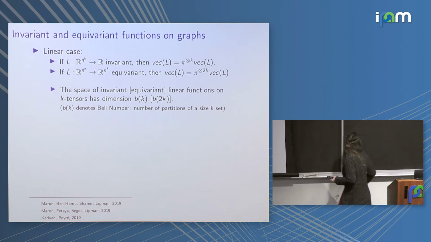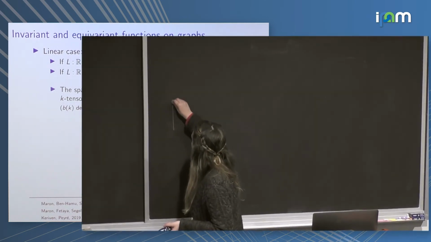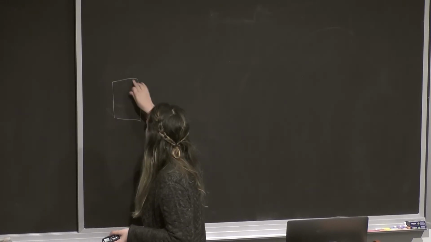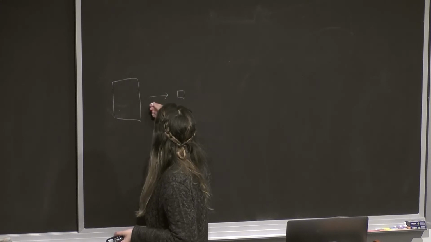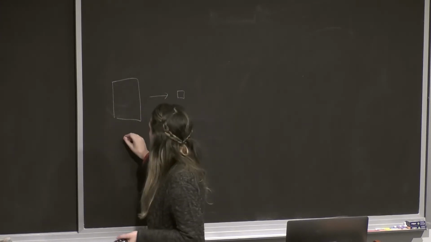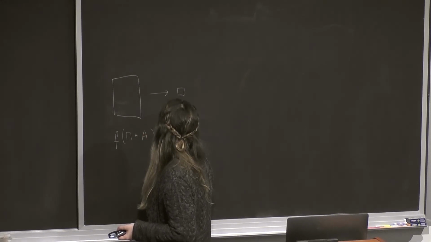So you can think of it, say, just for matrices: the linear functions that go from matrices to R, so that for all permutations phi, f of phi applied to A is equal to f of A.